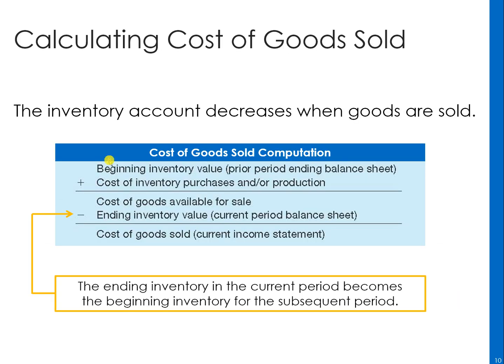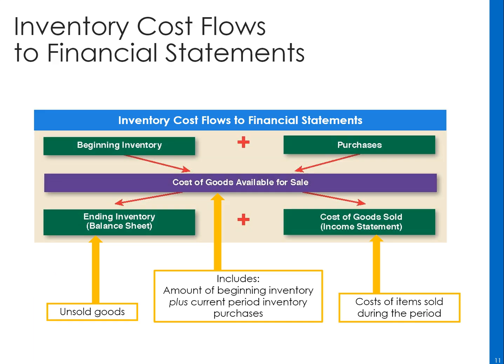That is beginning inventory plus purchase equals cost of goods available for sale, and the cost of goods available for sale less end inventory must equal cost of goods sold. So this is a very easy way for us to calculate cost of goods sold, especially useful in periodic inventory system. I'm going to talk about that.